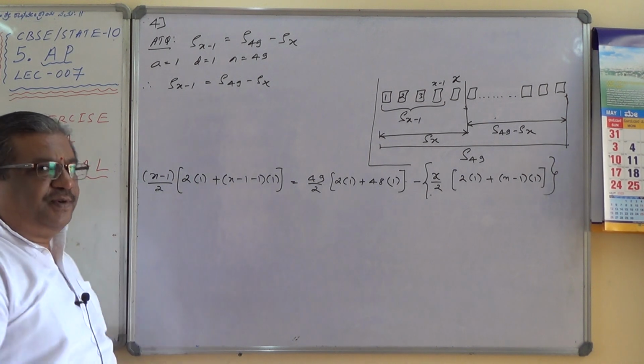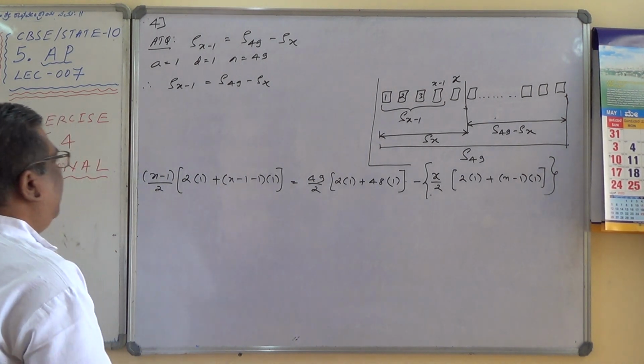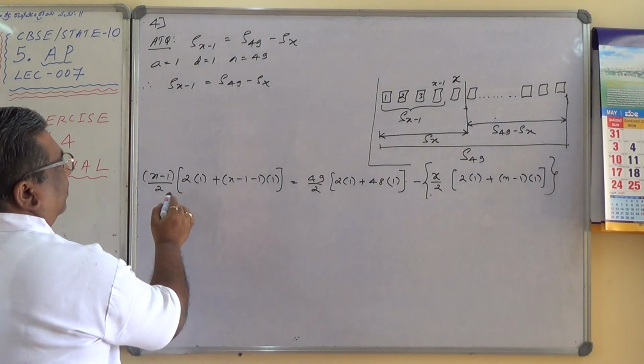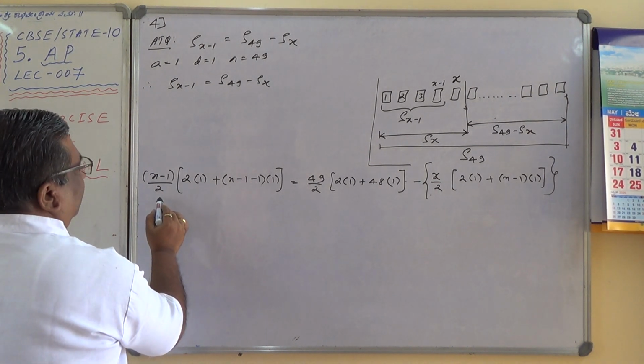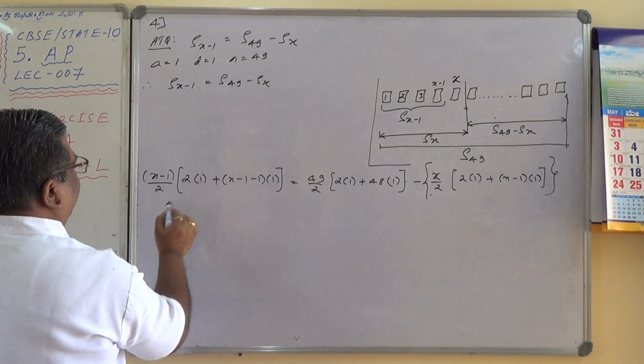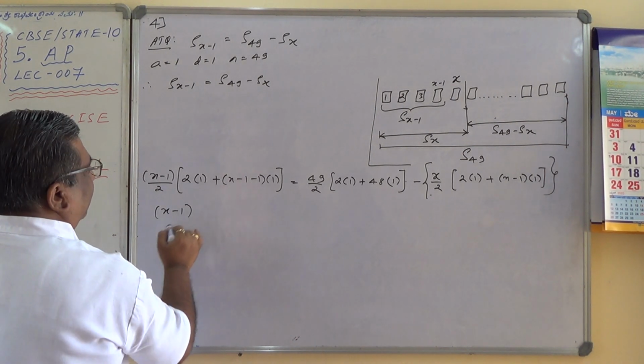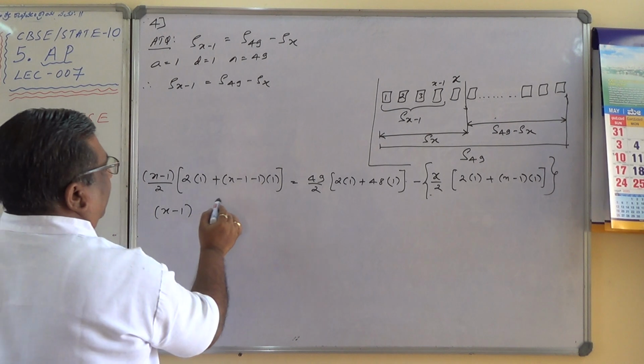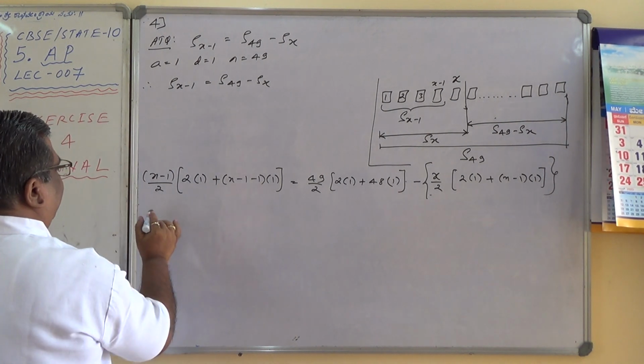We have to solve this equation to get the value of x here. So let us see. Now multiply this one. 2 cancels. Let me simplify.